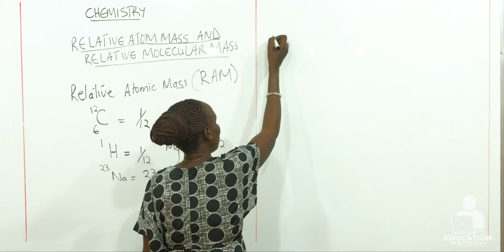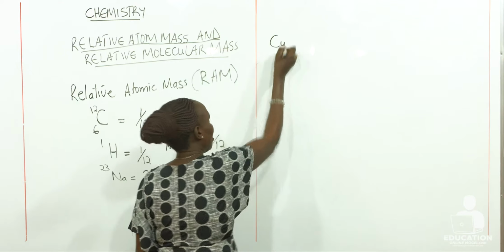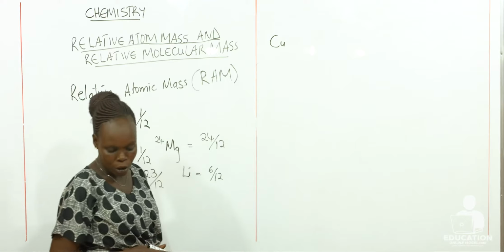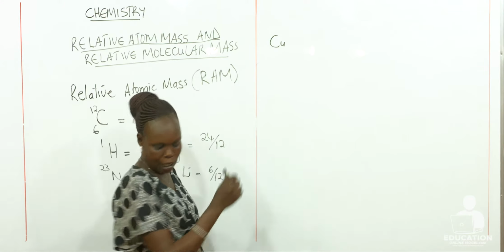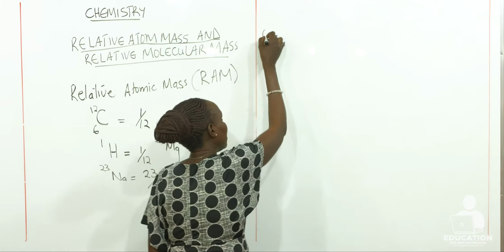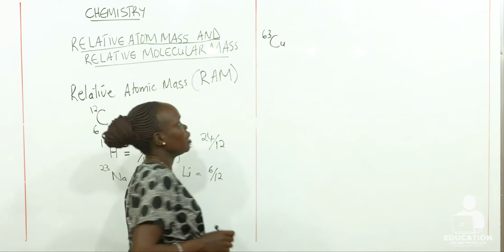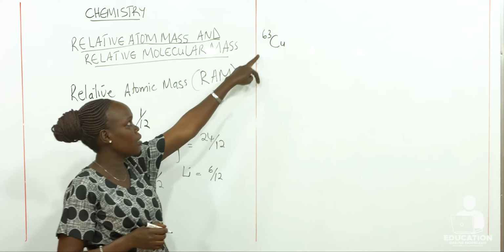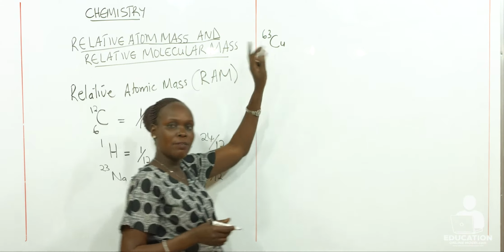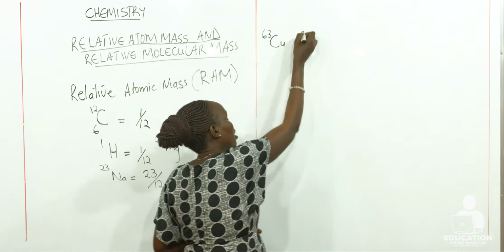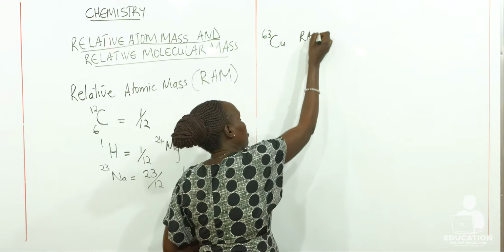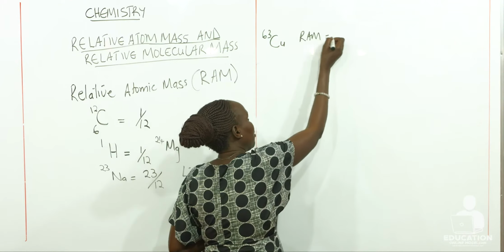The relative atomic mass of copper here is represented by 63. So here the mass number is 63. It means the relative atomic mass will be equal to 63.